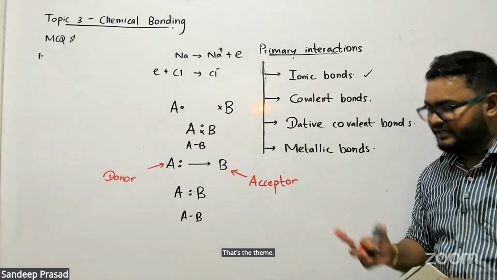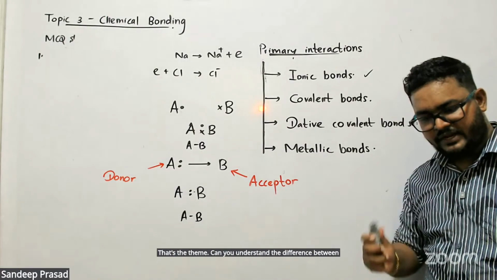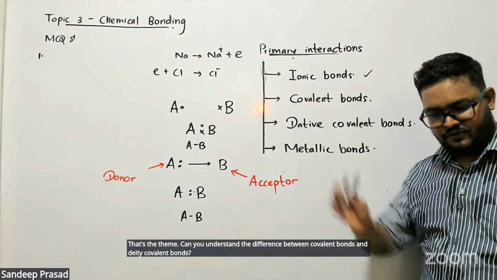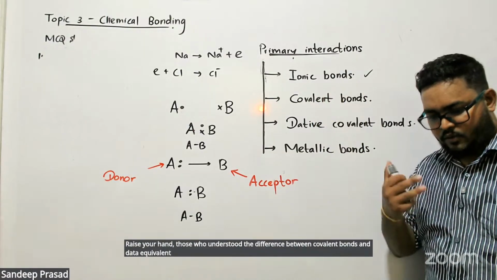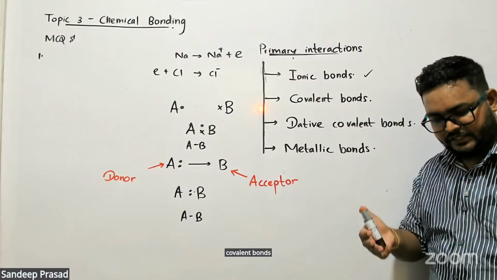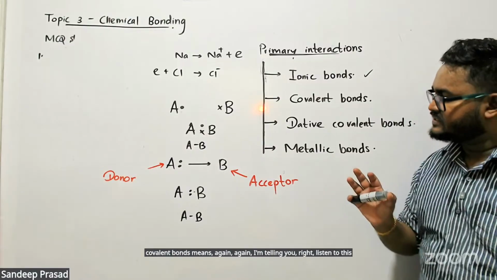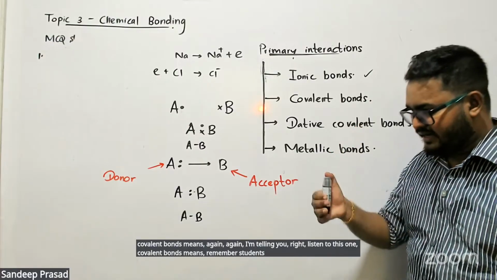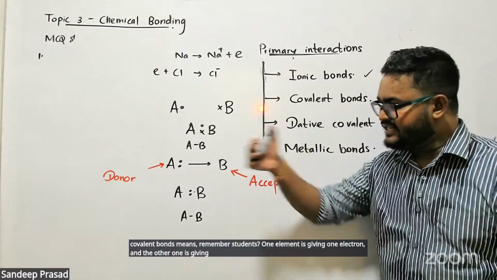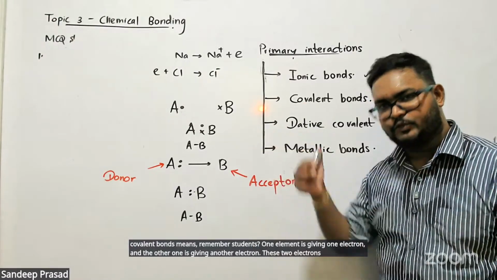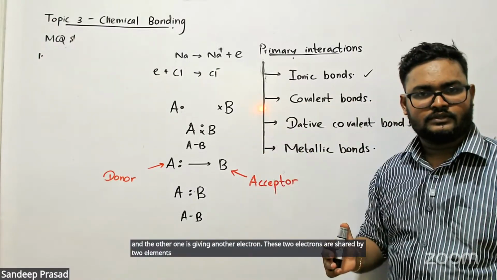Can you understand the difference between covalent bonds and dative covalent bonds? Raise your hand those who understood. Covalent bonds means, again I'm telling you, listen to this one: one element is giving one electron and the other one is giving another electron. These two electrons are shared by two elements, forming a bond.